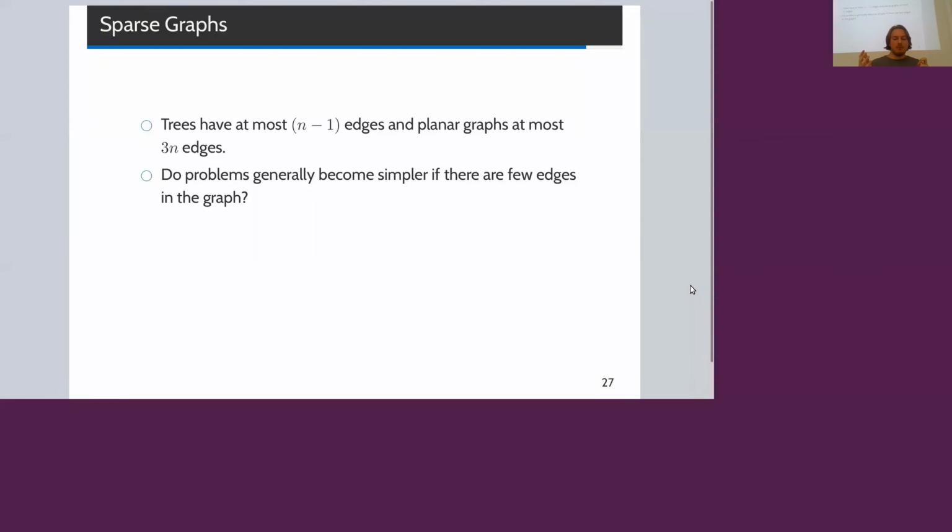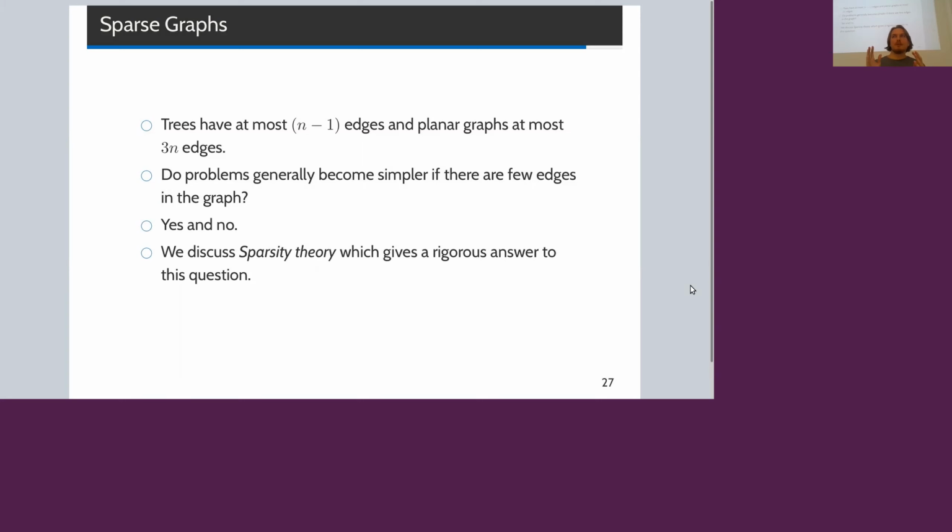And you may wonder whether you can push this up further. If you could say something like, the problem is fixed parameter tractable in general on some kind of sparse graphs. So for this, we can also ask ourselves, do problems in general become simpler if the graph is sparse? And the question is kind of yes and no. You have to think about what is the right notion of sparsity.